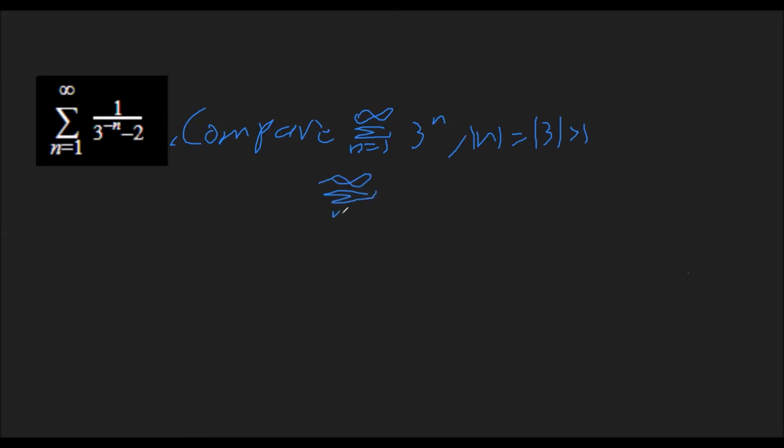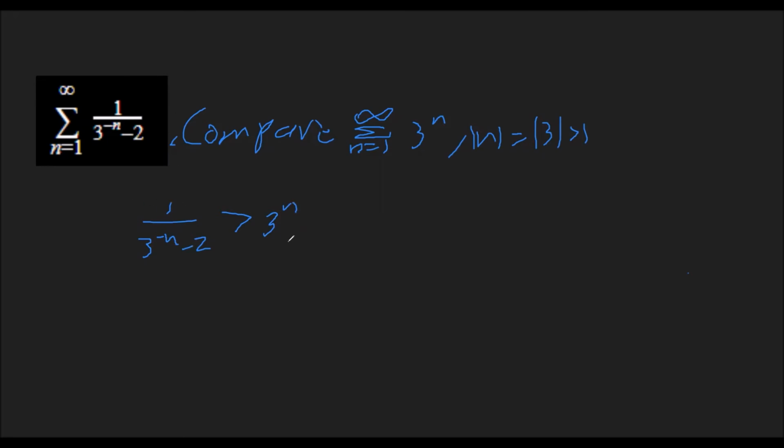So you can put this series from n equals 1 to infinity of, well, actually, we can't state that yet. We have to state that 1 over 3 to the power of negative n minus 2 is greater than 3 to the power of n. Now, let's call this a sub n.